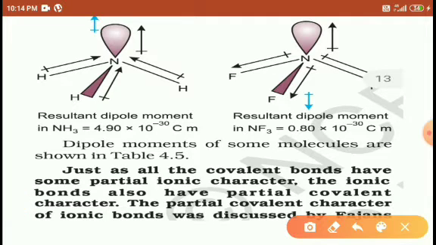Based on this concept, we will introduce one more character, in the covalent bond. This covalent bond shows a dipole moment, hydrogen positive, nitrogen negative. So the electrons are partially shifted toward the nitrogen, like this, students.